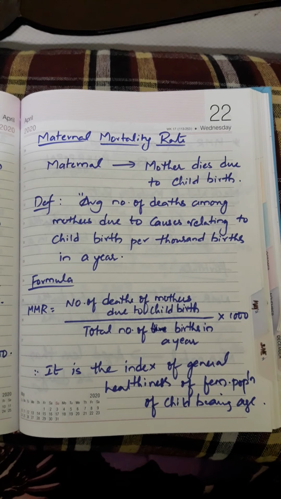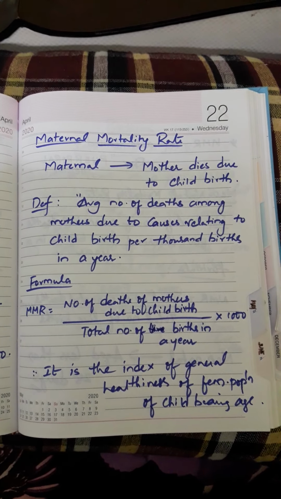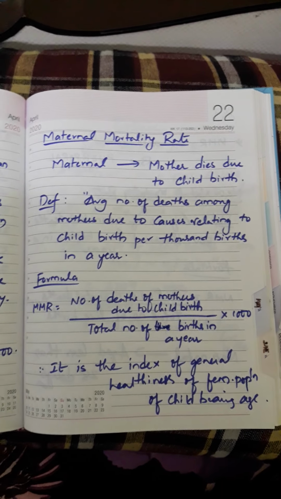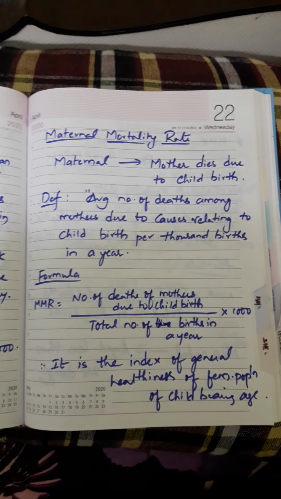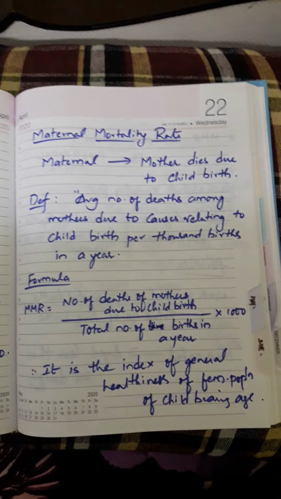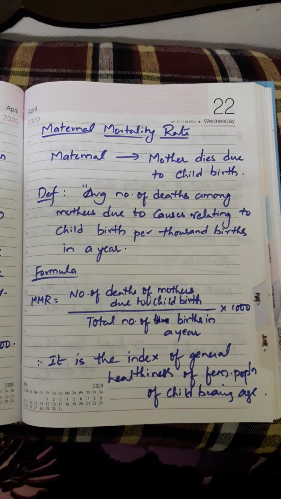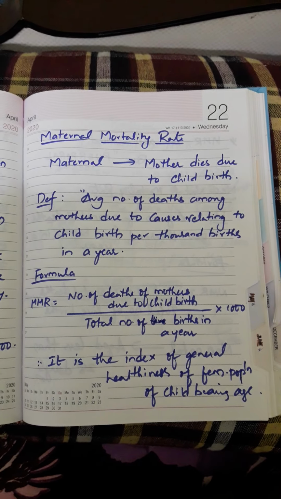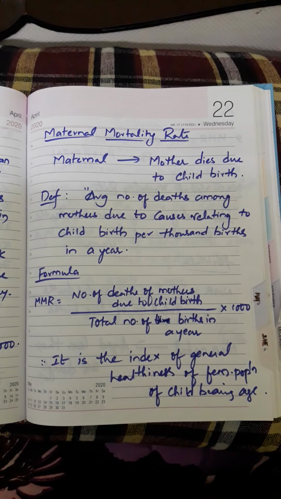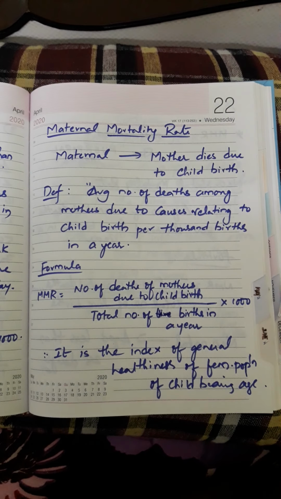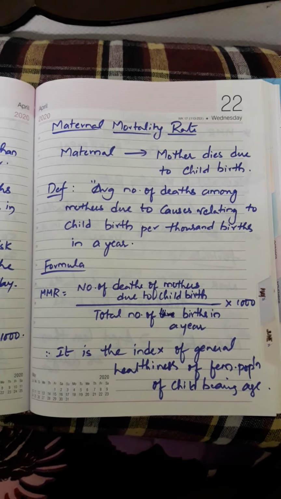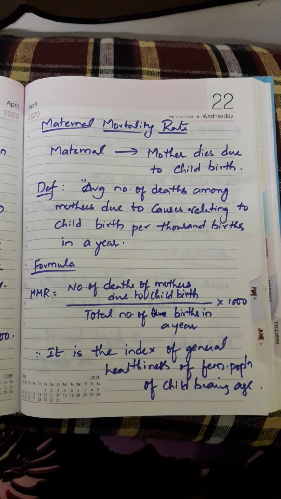So this method is very much useful as an index of the general healthiness of the female population of childbearing age, 15 to 49. So this is maternal mortality rate. So let us see the next method, that is neonatal mortality rate.